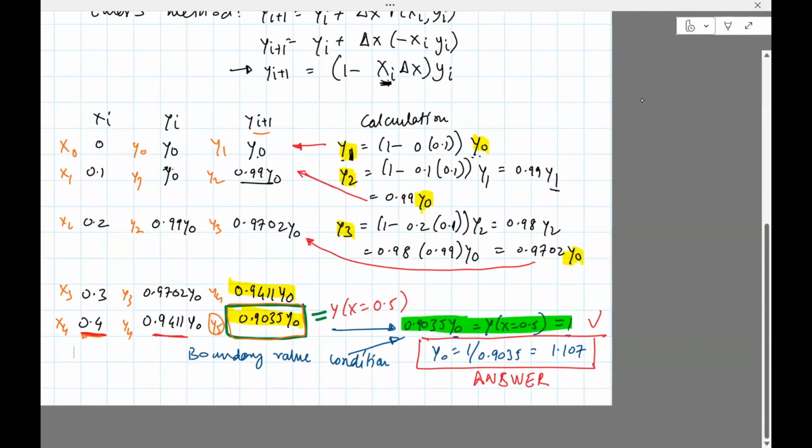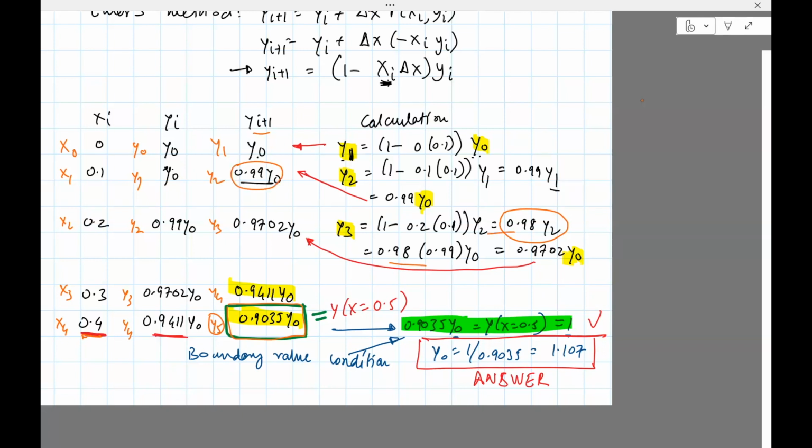A0, or the answer that we got, is 0.99 y0. Why do I do this? Sure. So this is 0.98 y2, but y2 is 0.99 y0.